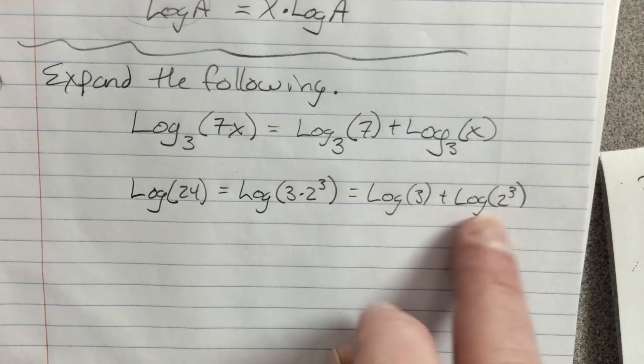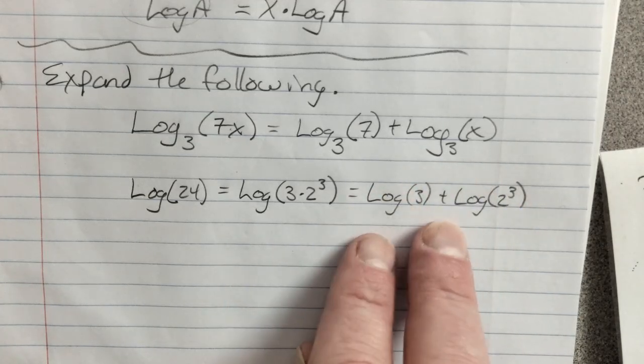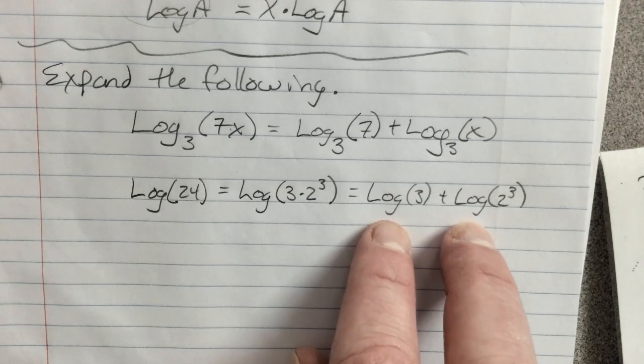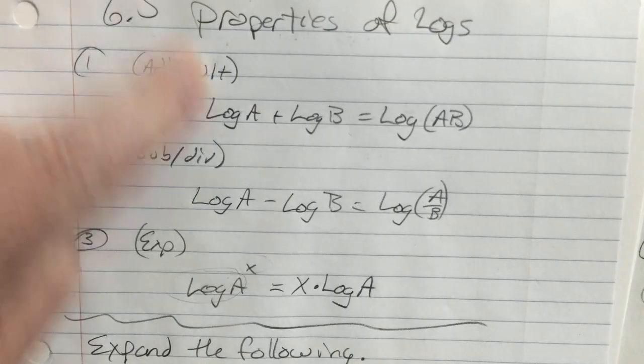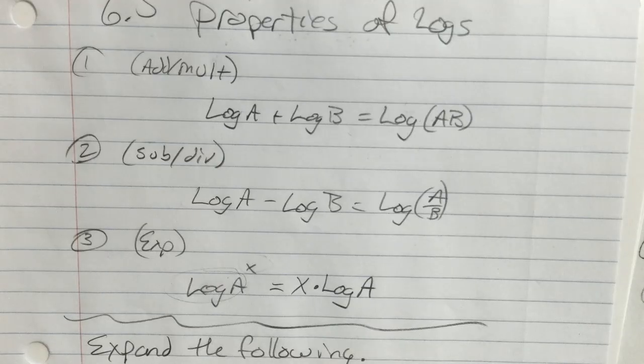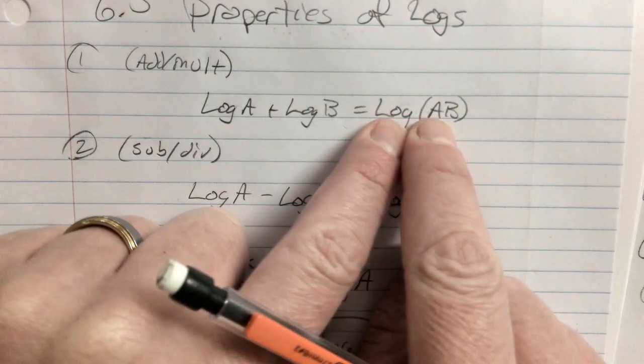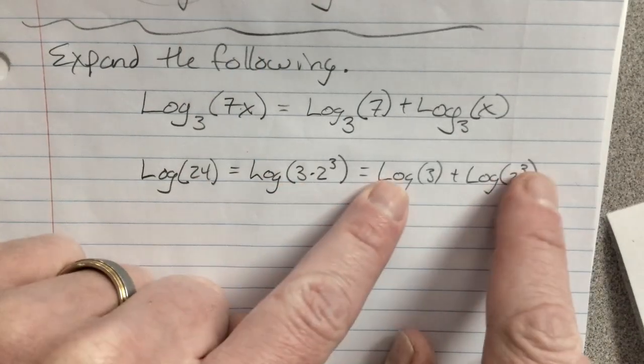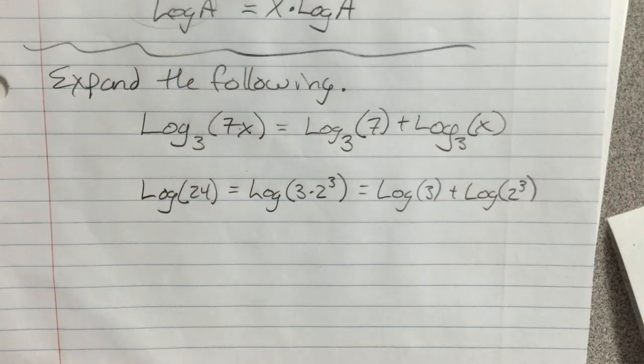Which property of logarithms can I use next to further expand this statement? There's your 3 properties of logarithms. We've already expanded multiplication into 2 logarithms. So this was being multiplied here. We have 2 logarithms. Now, what is the other rule that we can use to expand this one last step?